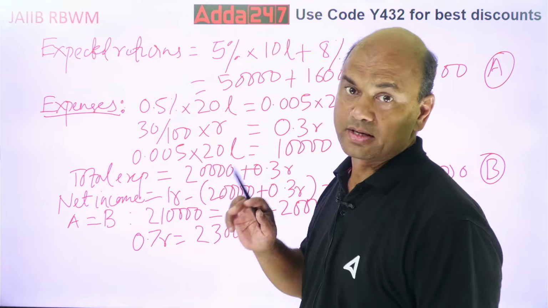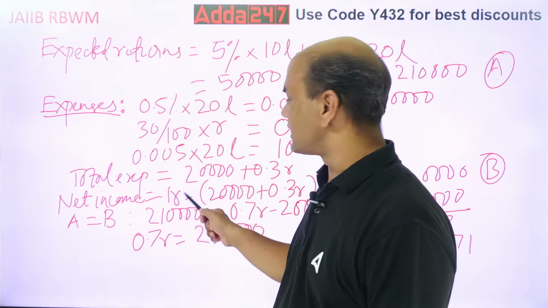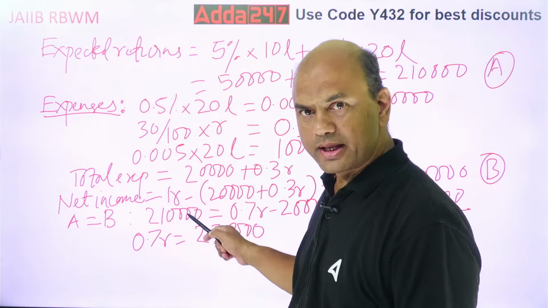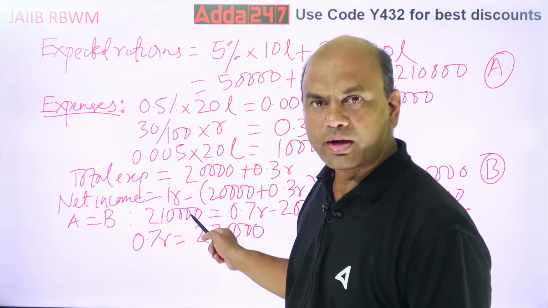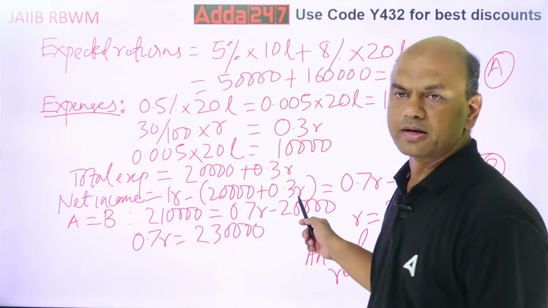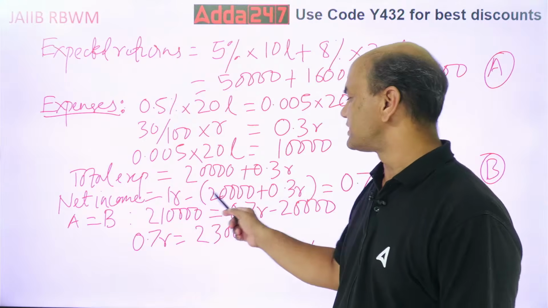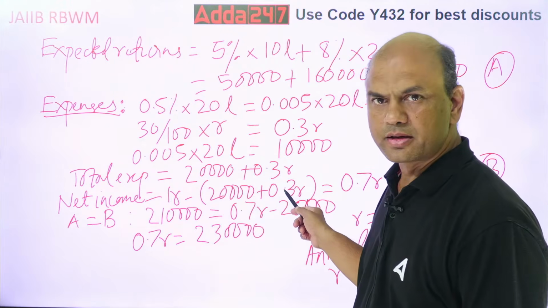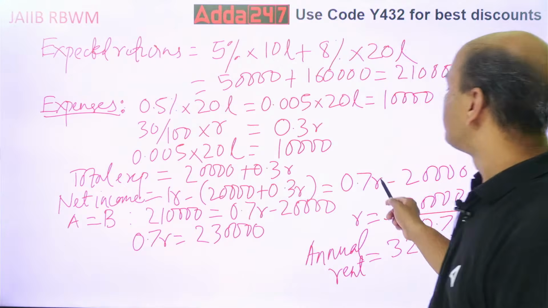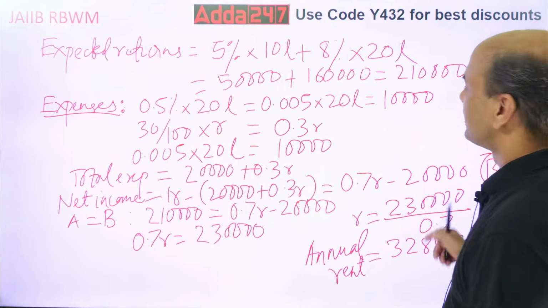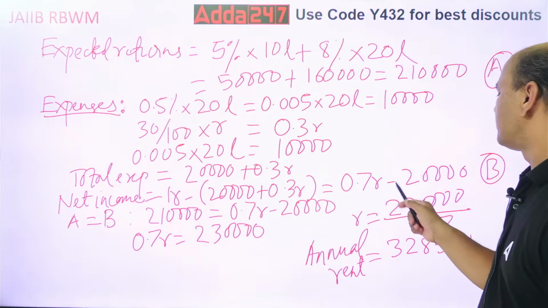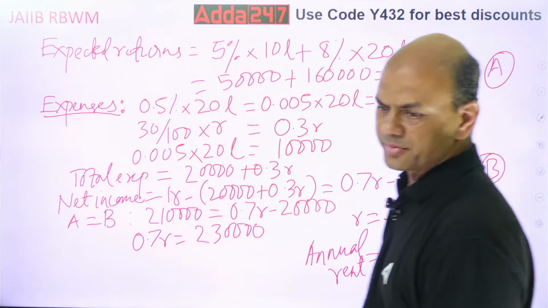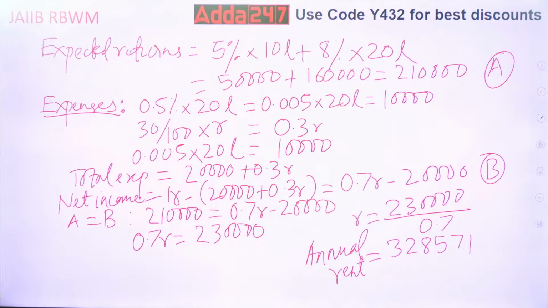The rent which I am getting is R. R minus 20,000 plus 0.3R. So that is equal to 0.7R minus 20,000. Pay attention. 0.7R minus 20,000.